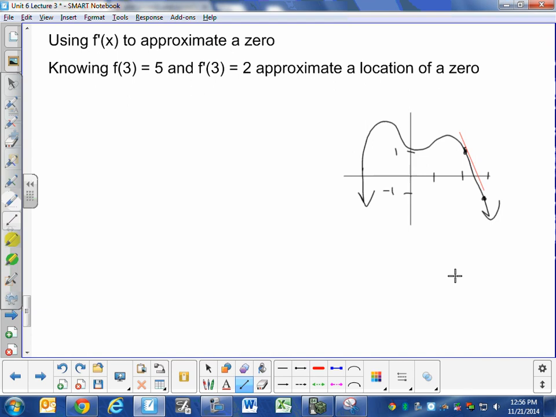If I know that f of 3 is 5 and f prime of 3 is 2, I can approximate a location of a 0, so that's the location when y is 0. It's probably better if you know the point on the left and the point on the right and connect them. Even though there's a little bit of concavity, a straight line would do a good job approximating. But right now we're just given a point and a slope at that point.